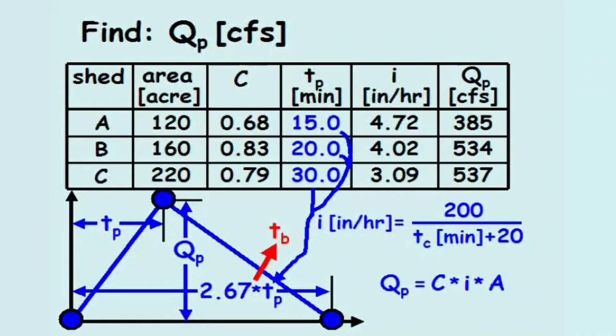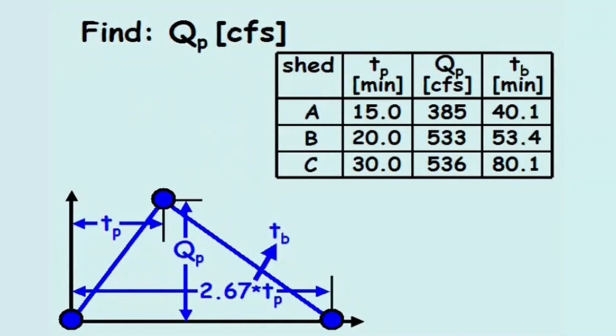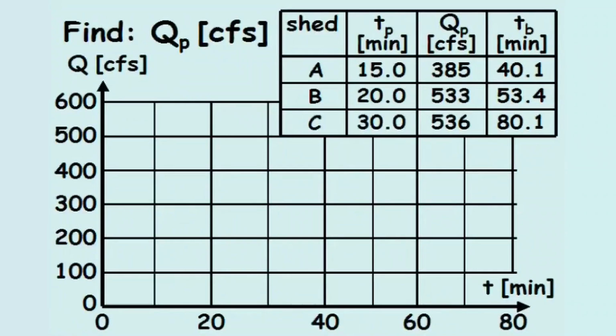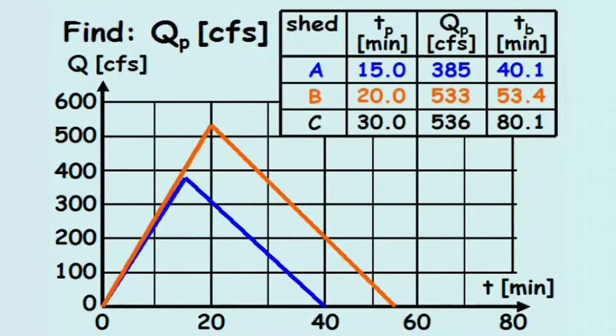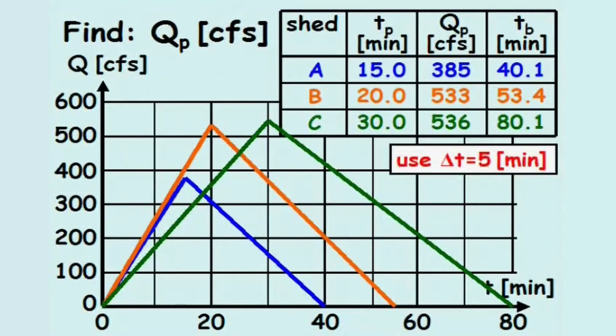Keeping our peak flow rate, time to peak, and time to base values for the watersheds, the triangular hydrographs can be plotted. Watershed A will be in blue, watershed B in orange, and watershed C in green. Since the problem states to use a time step of 5 minutes, we'll need to interpolate to find the flow rate every 5 minutes.